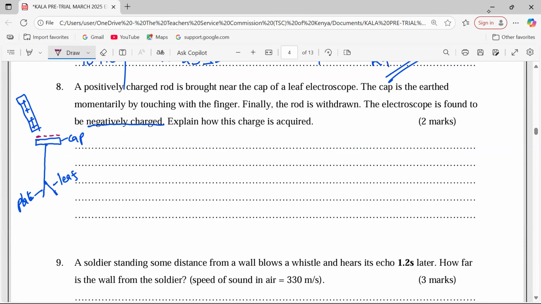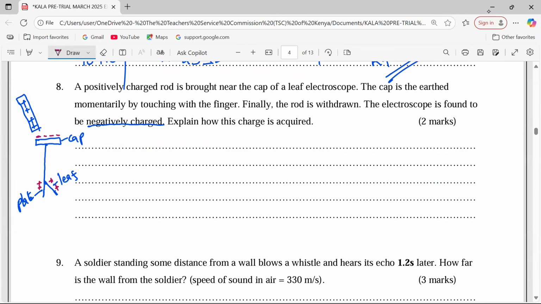We will have the positives repelled to the leaf and also to the metal plate. But the negative charges are being attracted and held. As long as the positive rod is in position, the negatives will remain held there.